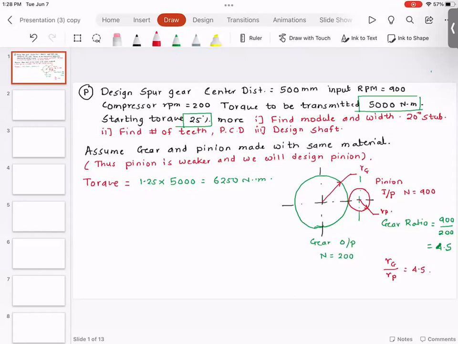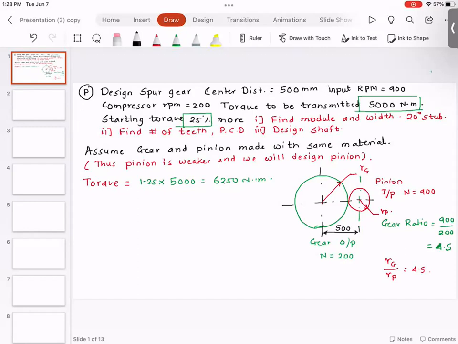So there are some variations in each problem, and depending upon how the problem is set up, we may have to revise this process. But in this particular problem, one thing that is given to us is the center distance between two gears is 500 millimeters.